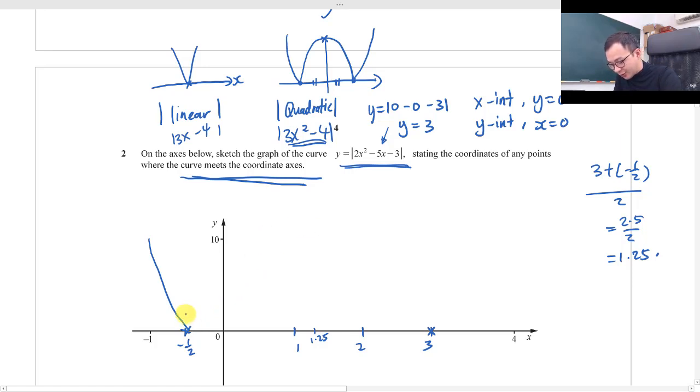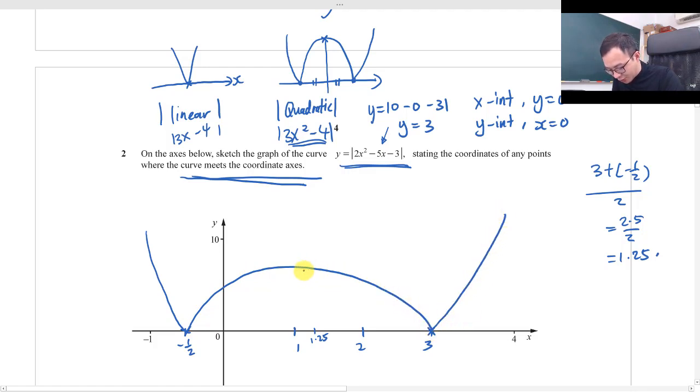Okay, I hope I can draw nice. Let me draw nicely a bit. My curve is just terrible. Yeah, somewhere like this. Yep, this one should be positive 3.